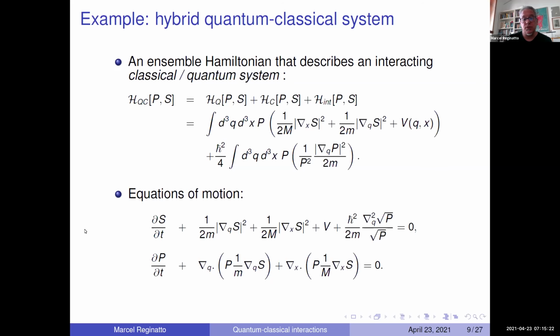And here the interaction term, I will assume it depends only on the coordinates. And then what you get are equations of motion that are no longer linearized by a transformation to a wave function. And this is an important difference with other theories. This is a nonlinear theory. The same way that classical mechanics is nonlinear, this hybrid theory is nonlinear, and one has to be careful then with the behavior of the theory.